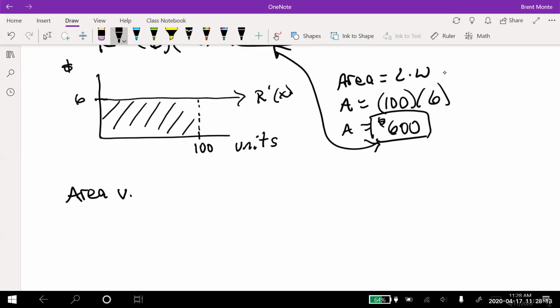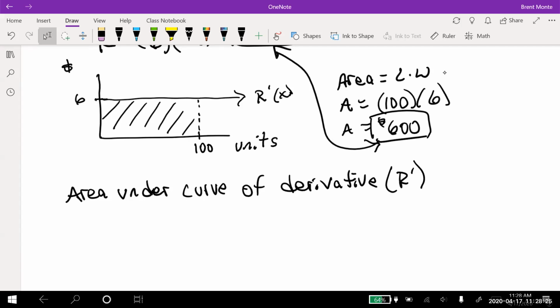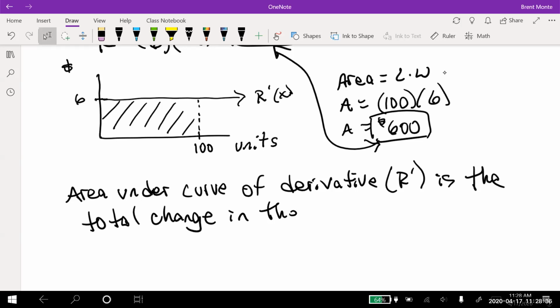Area under curve of derivative, in this case, we had R prime, is the total change in the original function. Or in this case, that would have been the revenue function.